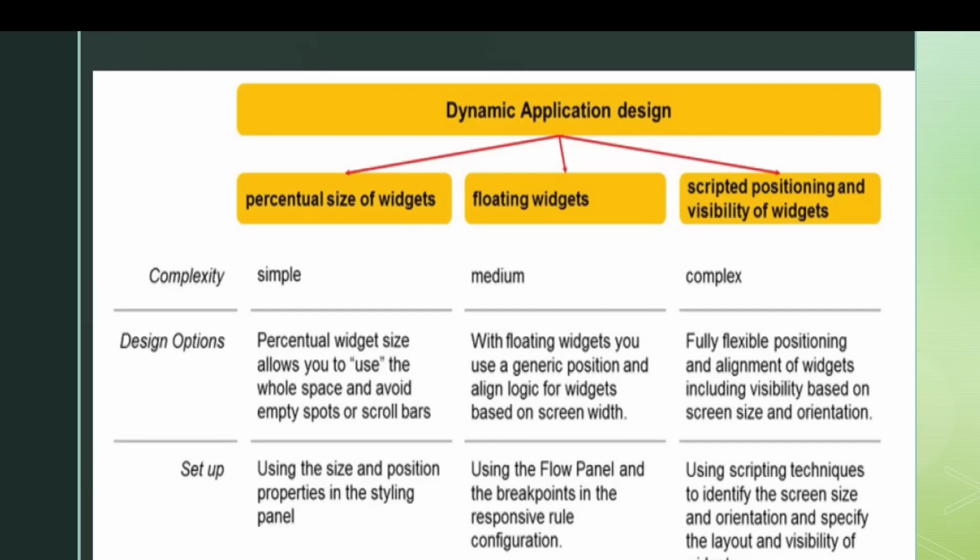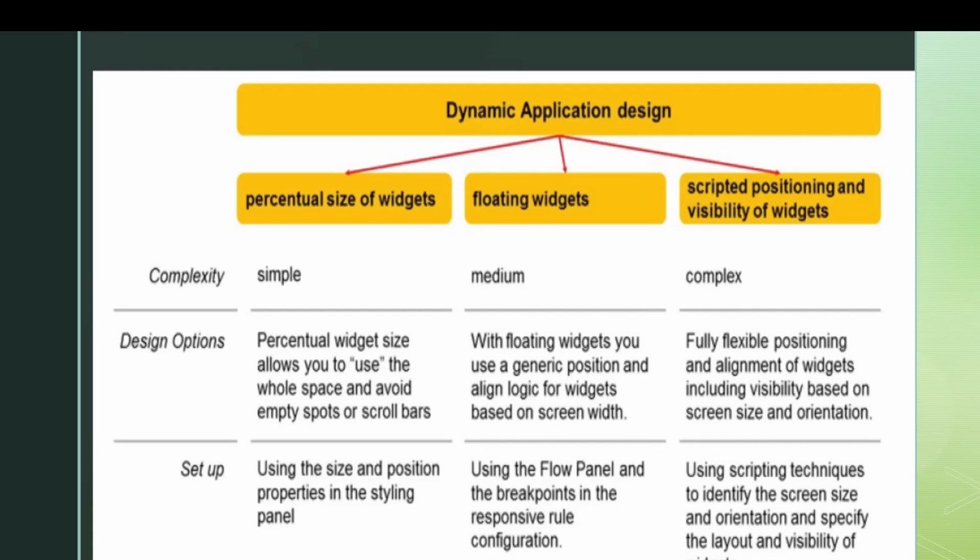As far as complexity is concerned, the percentual size of widget is very simple, floating widget is medium, whereas scripted positioning is more complex than the others. The second thing is the design option.